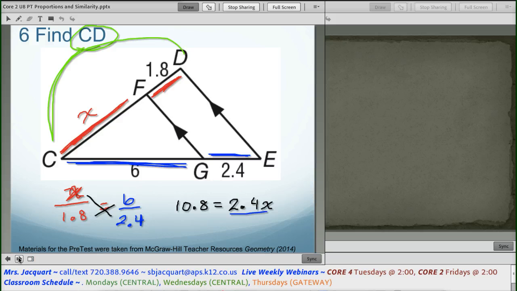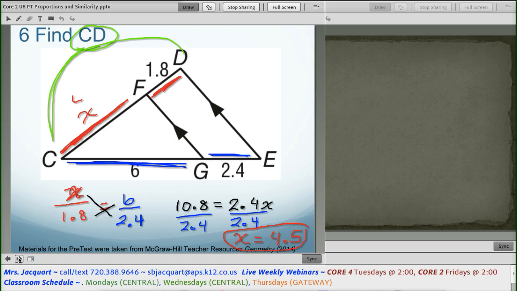Divide by 2.4. So 10.8 divided by 2.4 equals 4.5. That's not my answer.